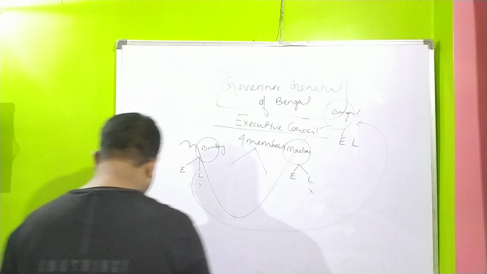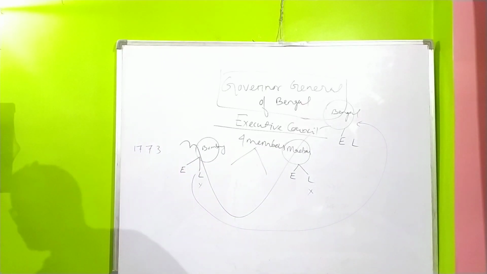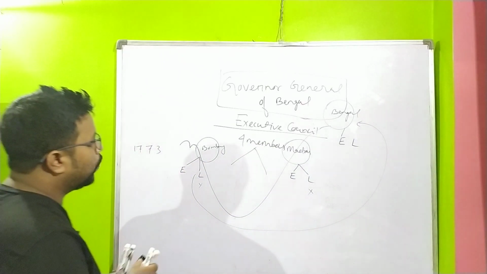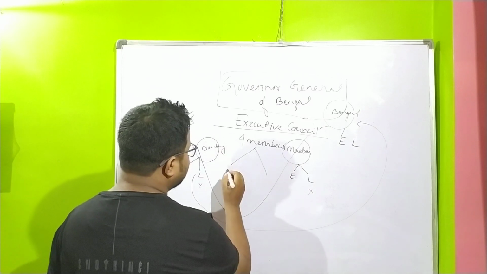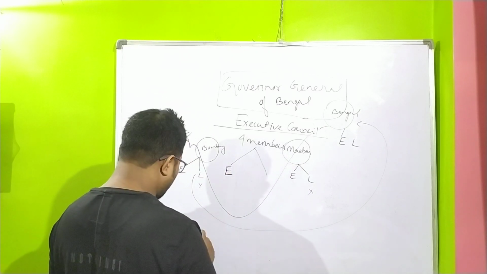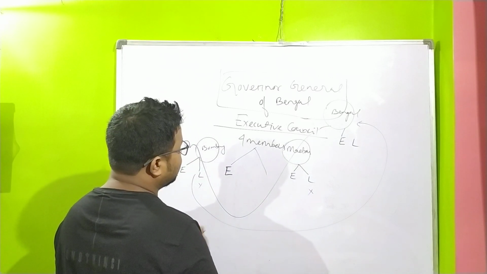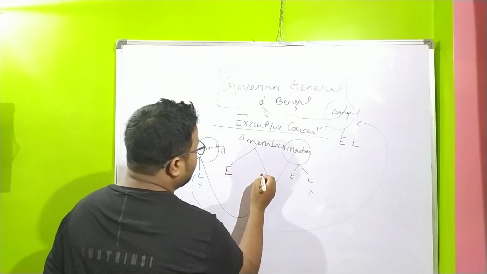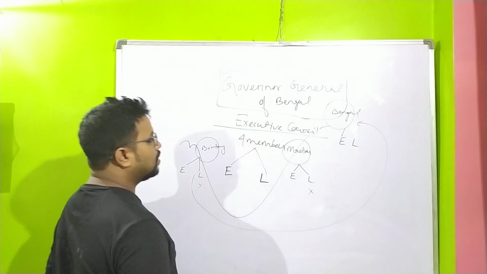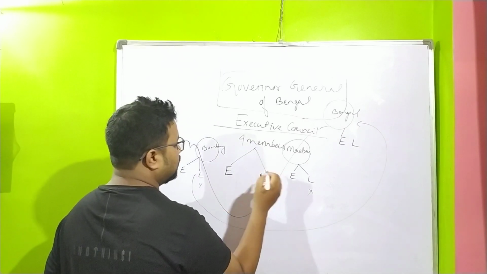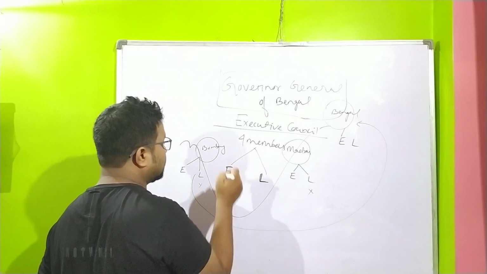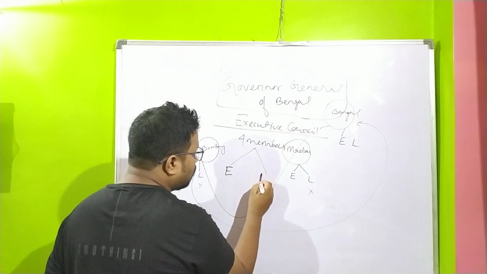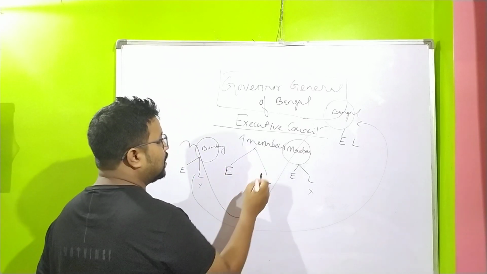Now these 4 members were basically executive, but they were also performing the function of legislator.